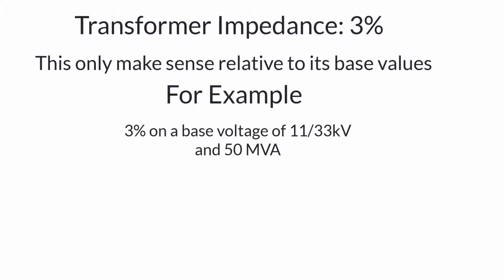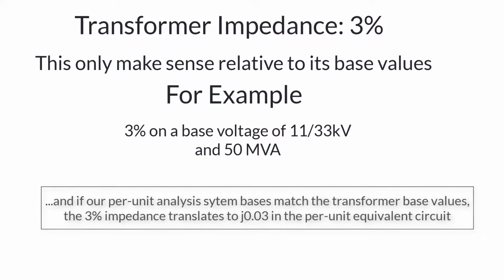Well, this is one of the good things about this system. If our per unit analysis system base matches the transformer base values, so let's say we have this transformer within our system and our system voltage bases are 11 kV and 33 kV either side of the transformer, and our system base is 50 MVA.